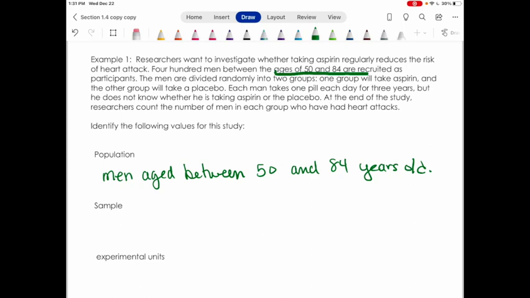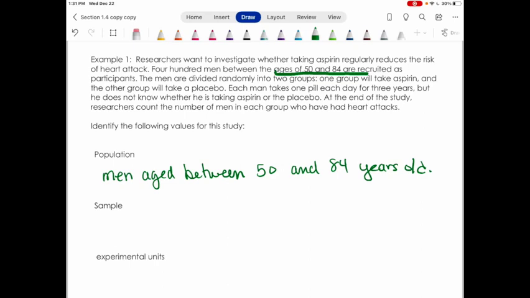If I put down people between 50 and 84, that's not correct either because we're specifically looking at men between 50 and 84. So just by missing one descriptive word, it can throw off the focus of the study and the results. And make sure you underline keywords and identify all the important information.